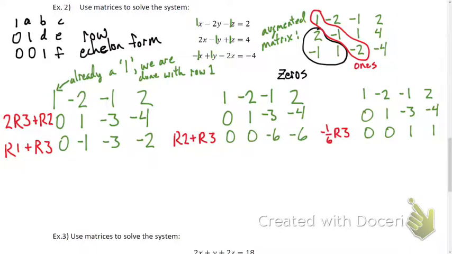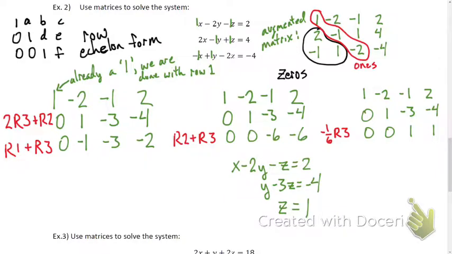All right, the reason why we did all of this, all those columns are still associated with letters. So I know if I add the letters back on there, x minus 2y minus z equals 2, y minus 3z equals negative 4, and lastly z equals 1.